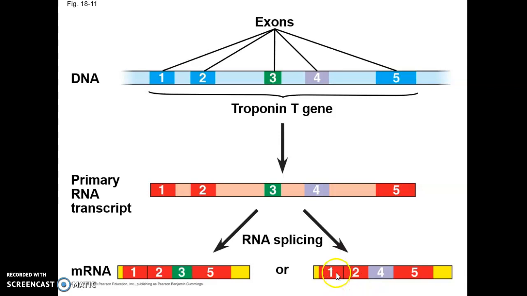So in this instance, we spliced together 1, 2, 4, and 5. So this mRNA would code for a slightly different protein product, which would have a slightly different function than the one that we made the first time. So the cell can control which option it uses. So this is an area of control, not necessarily turning a gene on or turning a gene off, but just an area that the cell can further control its gene expression.